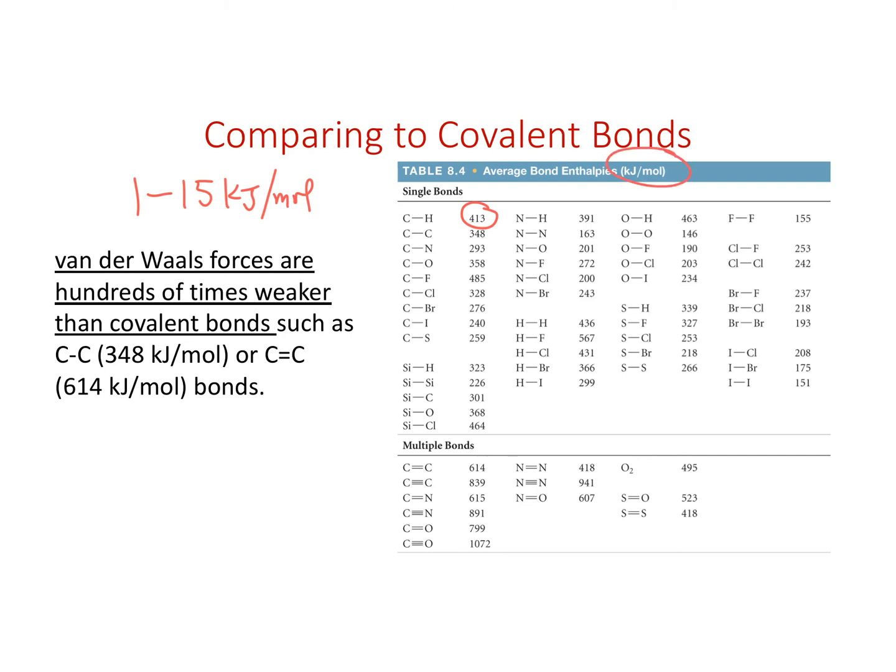If you want to get to double and triple bonds, here's 614 and 839 kilojoules per mole. So these intermolecular forces are small energies, but they are important because they're cumulative. They add up. They are much less than the energy of a covalent bond, as we can see here, but they are still important because they help determine the properties of a sample.